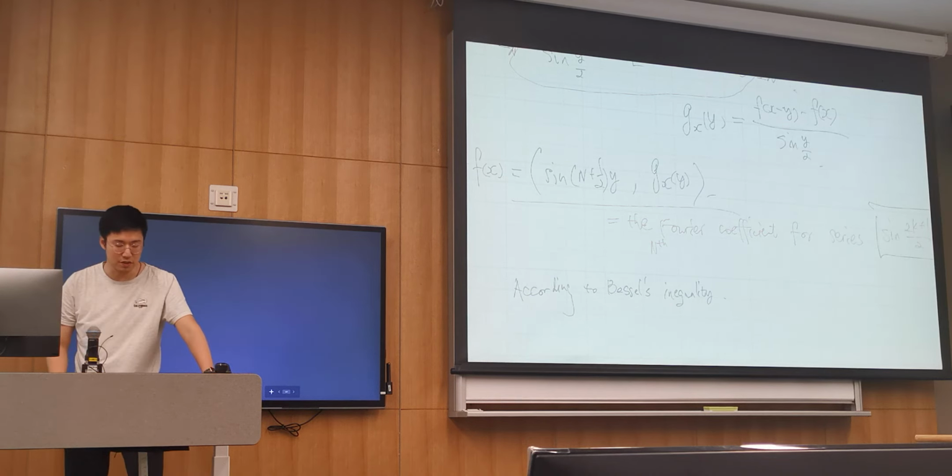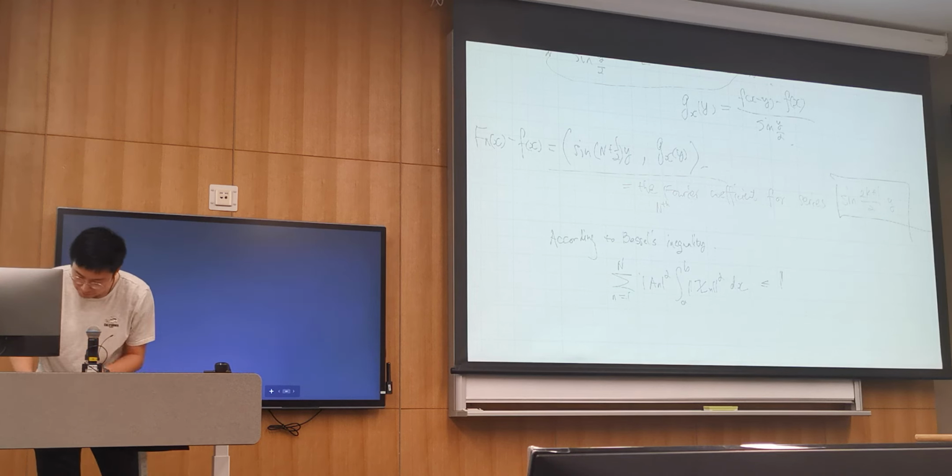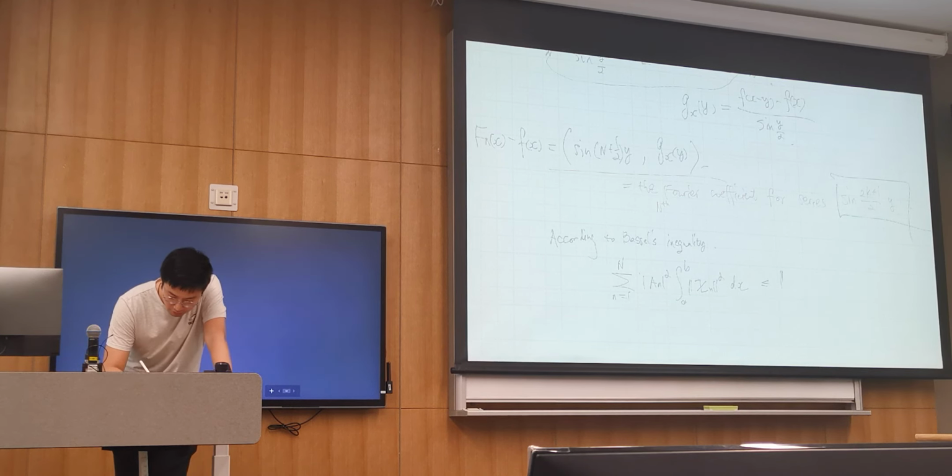according to Bessel's inequality, I have that the sum of a_n squared, n from 1 to, let's say, 1 to n, is smaller than or equal to the integration from a to b of f(x) squared dx.